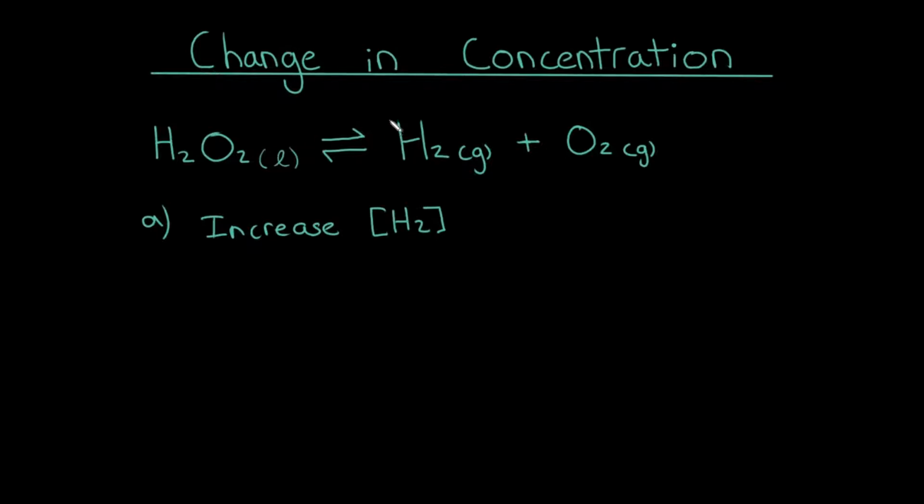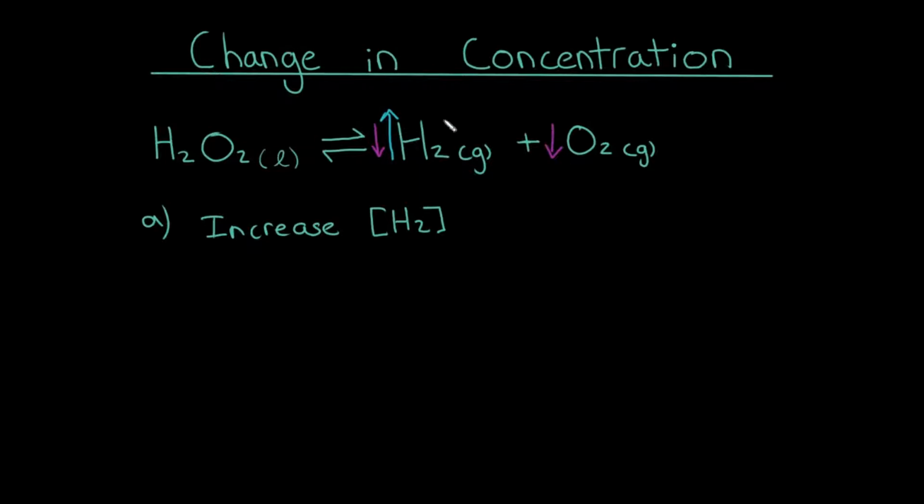So initially, we increased the concentration of H2 right here. So I can write an arrow, we increased it. So the system tries to compensate for this. So it then decreases the concentration of H2, and it decreases the concentration of O2.